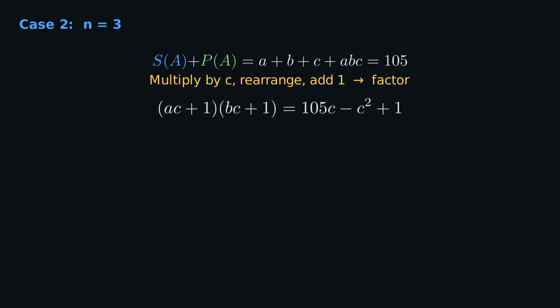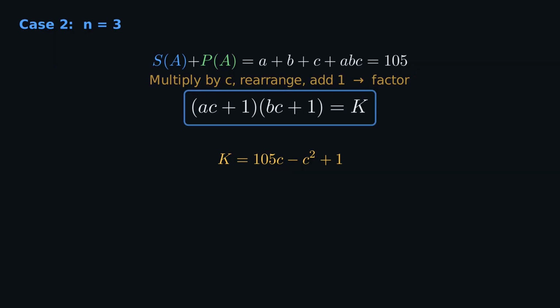So the left-hand side becomes (ac plus 1) times (bc plus 1). And to make things a little bit easier, we're now going to call the whole right-hand side K. And K in this case equals, of course, 105c minus c squared plus 1. And our equation is now (ac plus 1) times (bc plus 1) equals K.